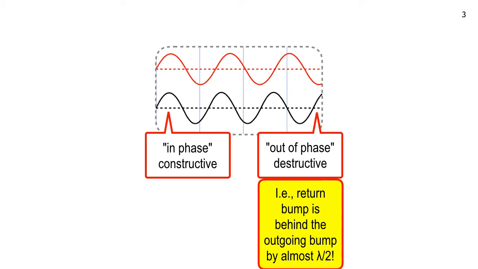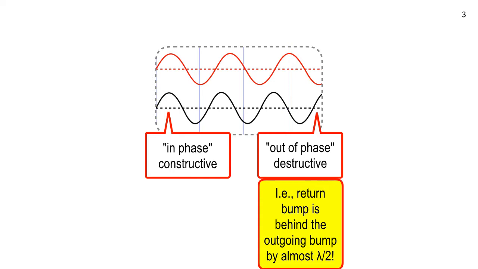The two waves are eventually going to be added together by the computer inside. But this bump is about half a wavelength behind. Or you could say it's half a wavelength ahead, either way. It's out of phase by just about half a wavelength because it's a bump almost right up to a dip. Right? And when that happens, you have destructive interference. So that would be a region of flat water.